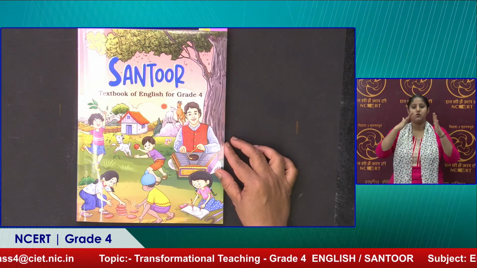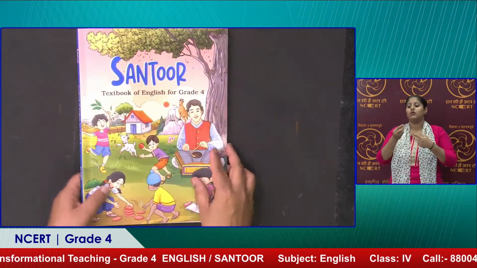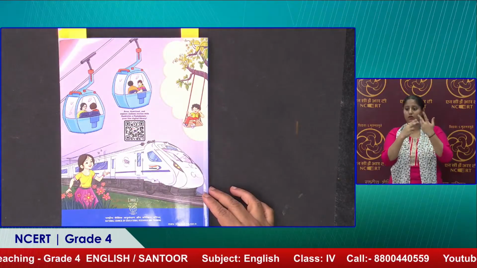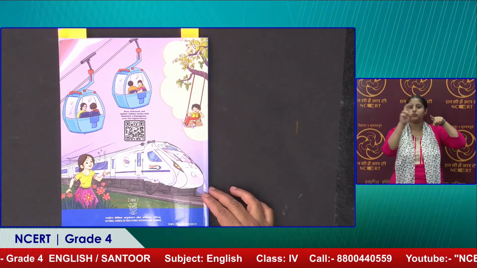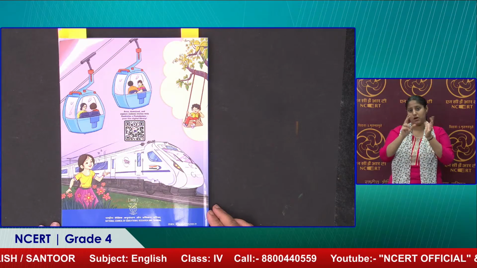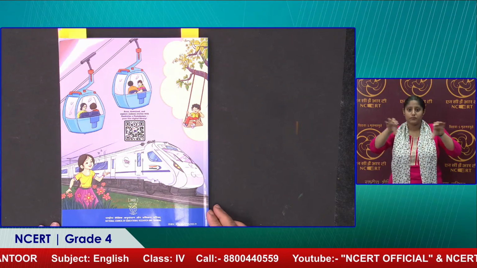Generally children have pet dogs or cats or goldfish perhaps, but here we have a pet goat. And coming to the back cover, we have here a ropeway and a Vande Bharat train, meaning that this book is not just contemporary but includes modernity in it.